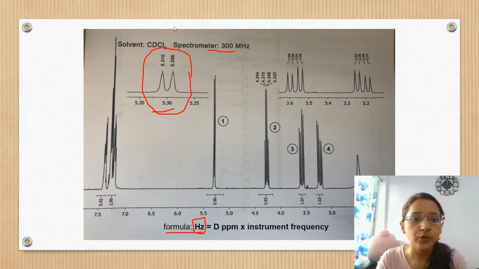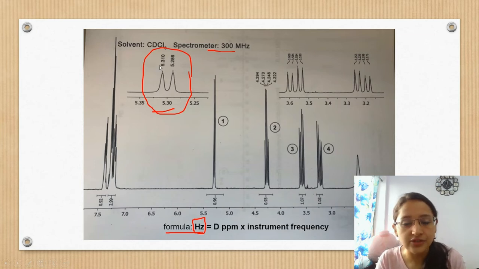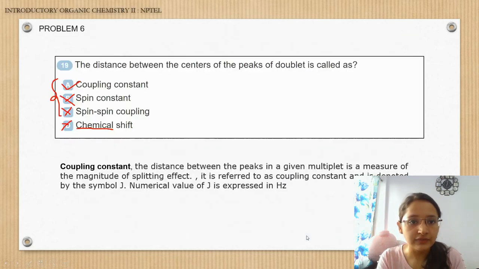If you change the spectrometer operating frequency, increasing or decreasing it, the chemical shift value can change, but the coupling constant value remains the same. So the coupling constant is the difference between these two chemical shifts times the instrument frequency. When we discuss the distance between the centers of two peaks of a doublet, it is only the coupling constant that is reflected by that distance. Are you getting my point now? Yes, thank you.